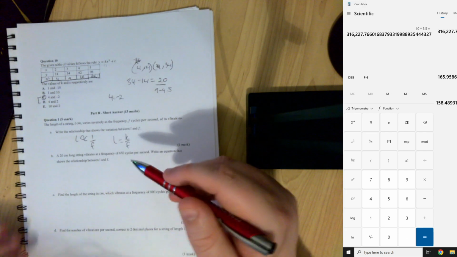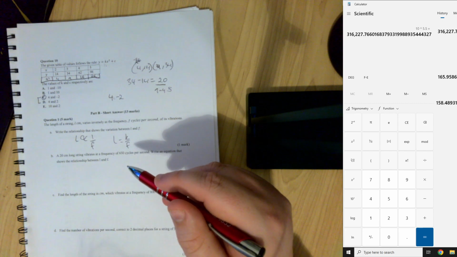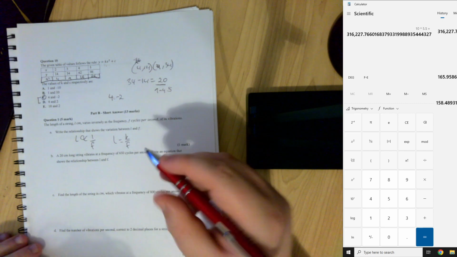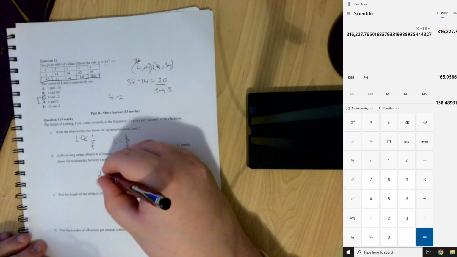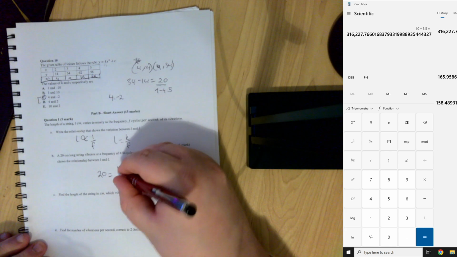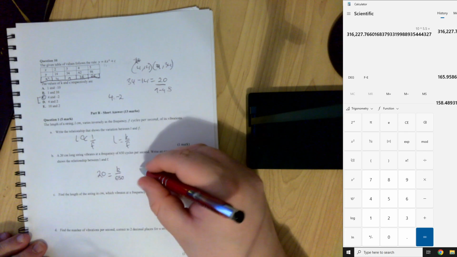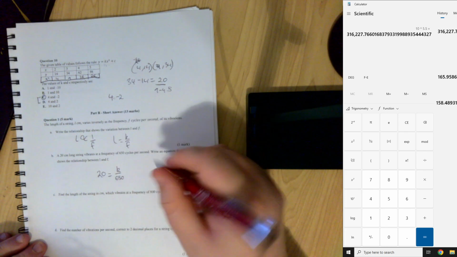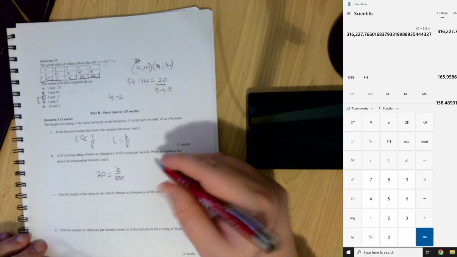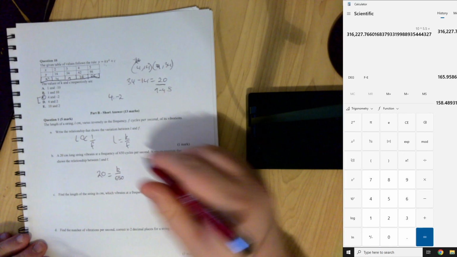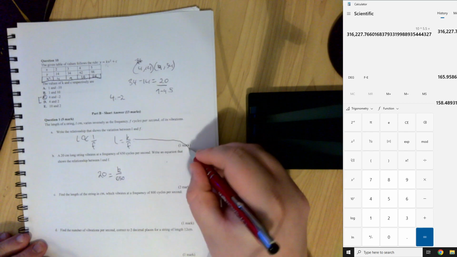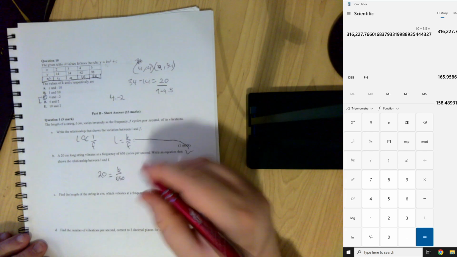So if the 20 centimeter long string vibrates at a frequency of 650, write an equation. So 20 is equal to K over 650. Alright. So if I'm writing an equation, I basically just want this form down here with K filled in.